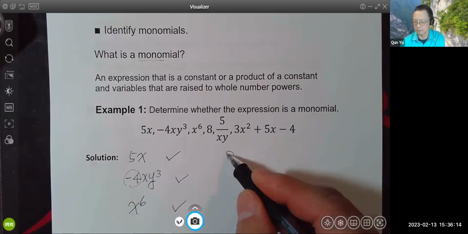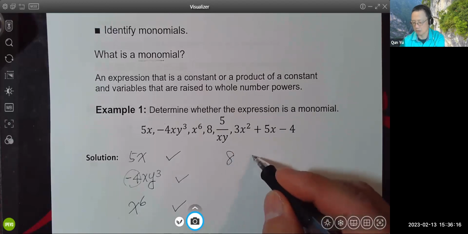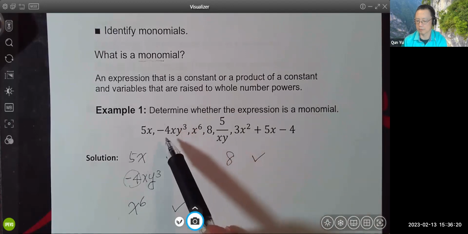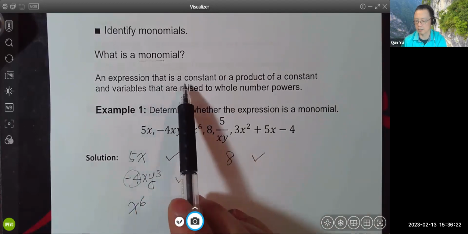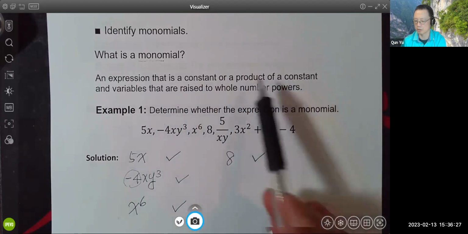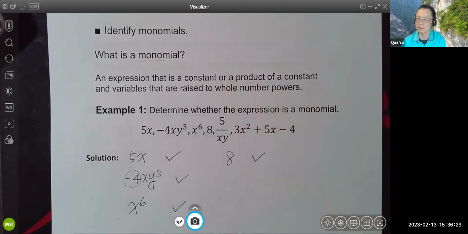Now 8, this one, answer is also a yes. First of all, it comes from the definition, which says either it is a constant or a product of a constant and variables. So this is a constant. So by definition, it is a monomial.